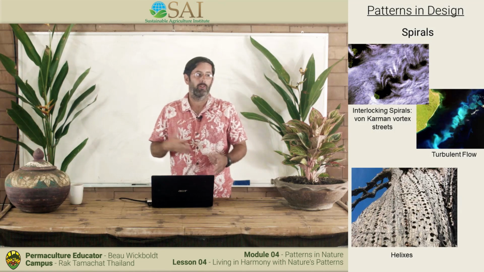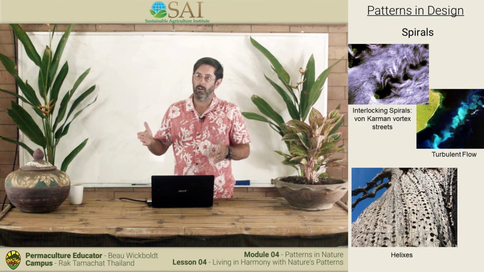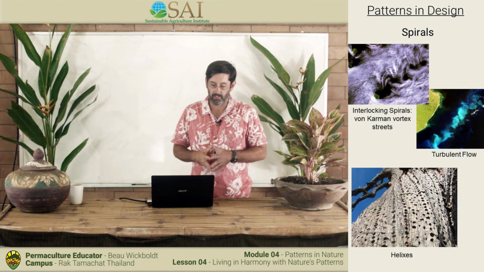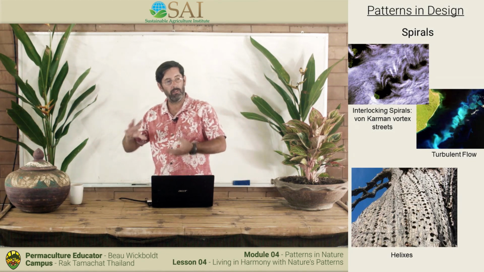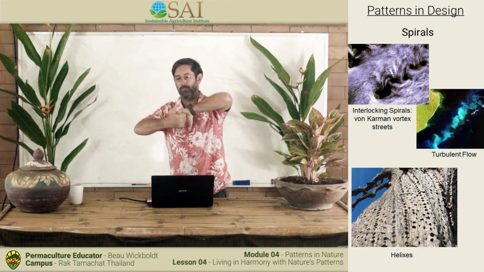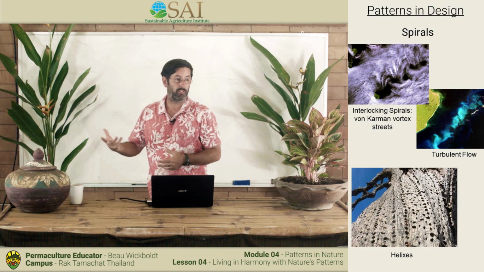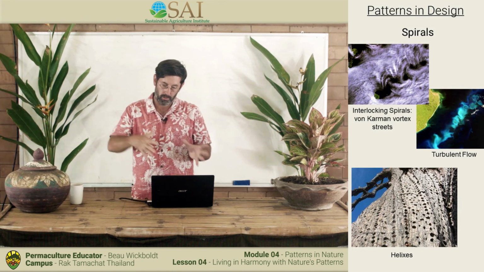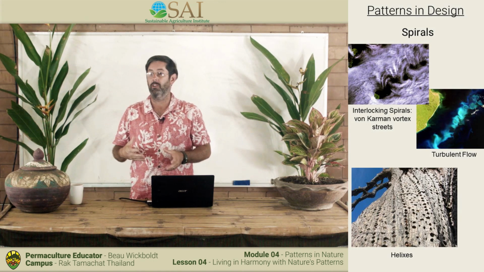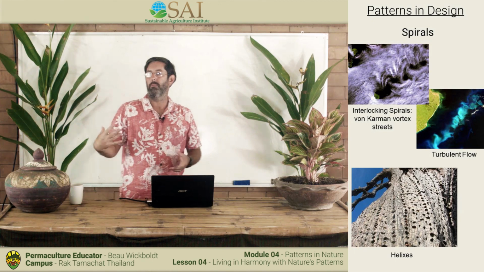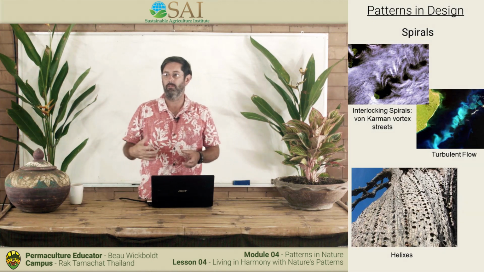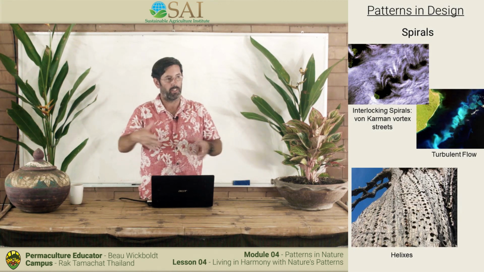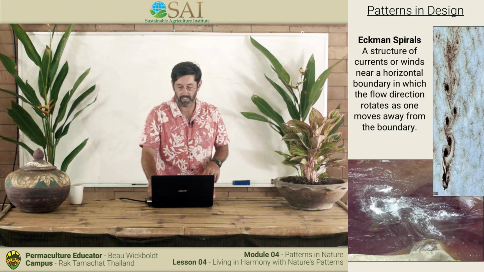We can look at flow, turbulent flow from clouds or within water systems. So interlocking spirals, when we have interlocked turbulent spirals, it's called a Kármán or vortex street. This is moving into how we develop the keyhole garden system. So permaculture keyhole gardens being a replica of vortex spirals, or helixes.